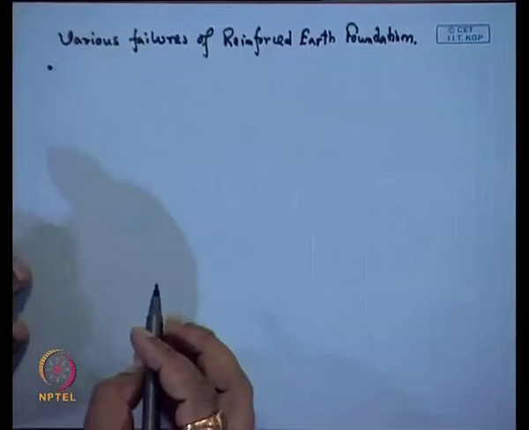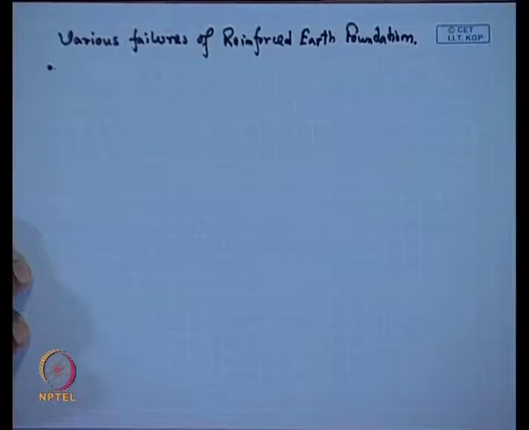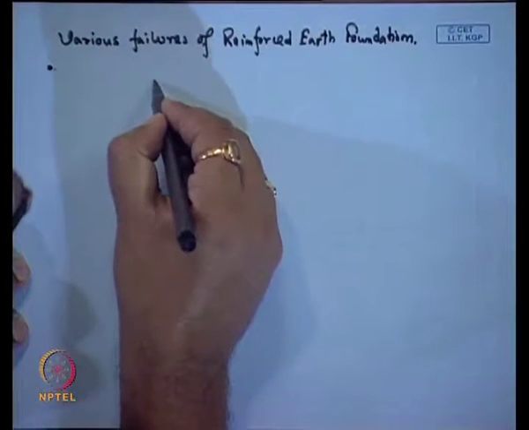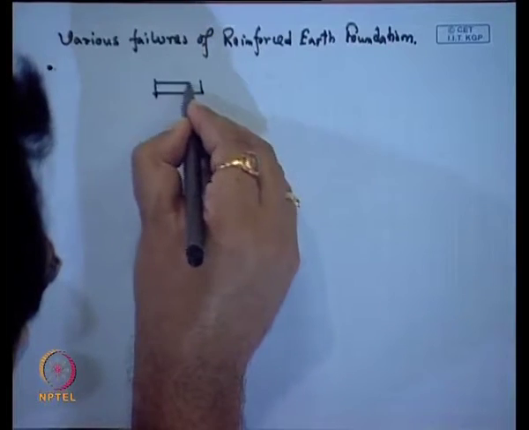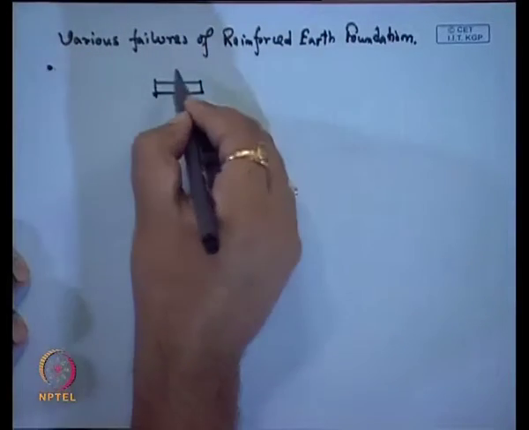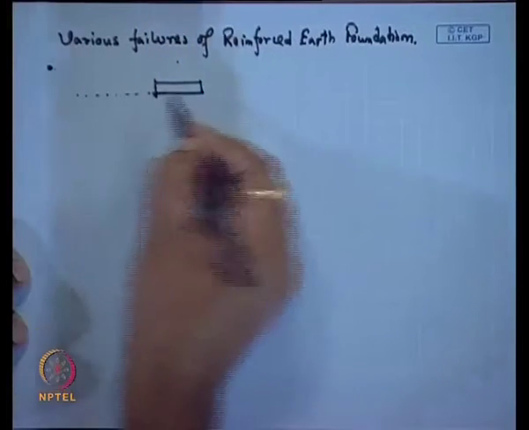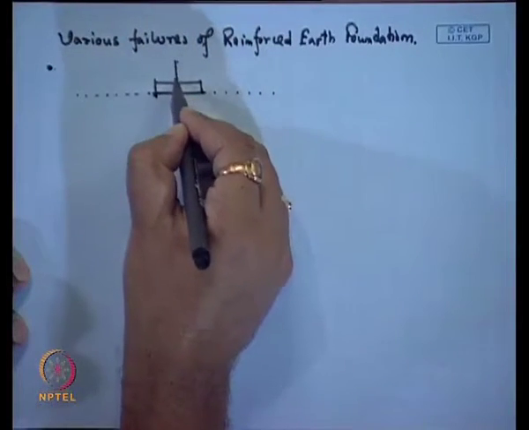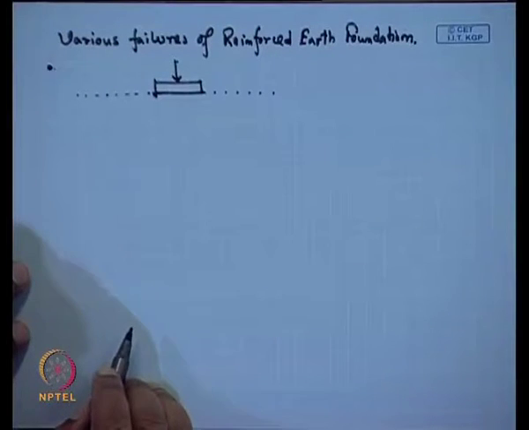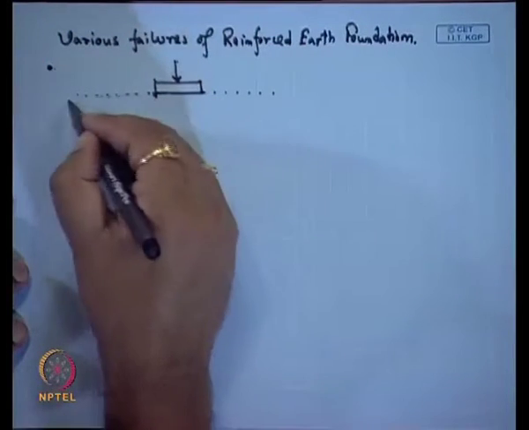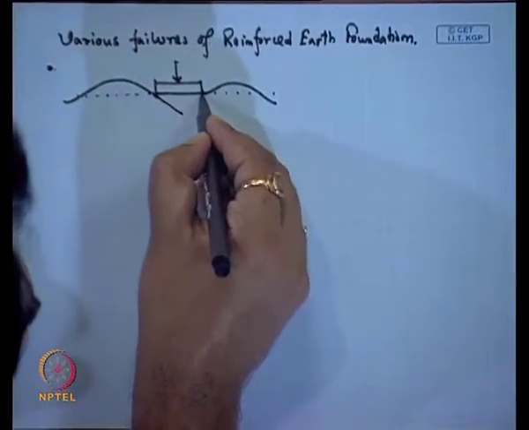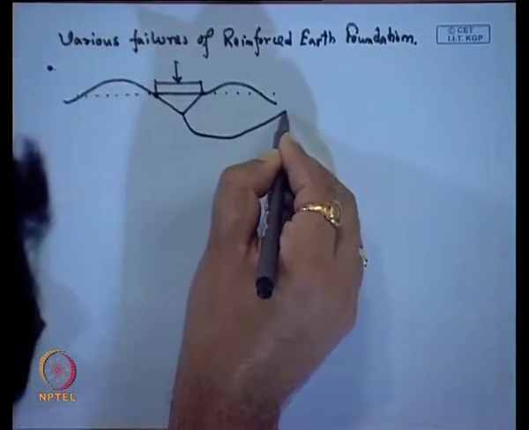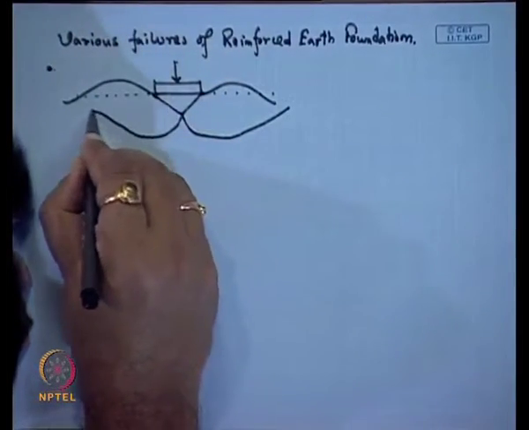Now, the first type of failure is this. Suppose this is our foundation and this is our existing soil, and we apply the load on the foundation. What will happen is that it will deform in this form, and then this is the failure surface.